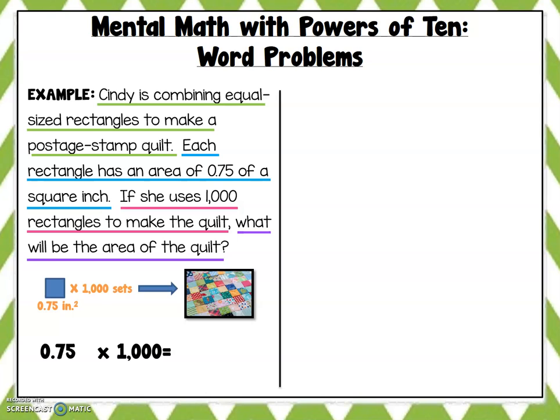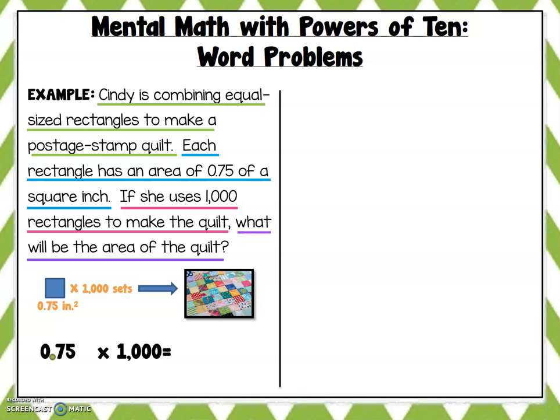So I can apply that patterns rule by counting the number of zeros in my power of 10. Since there's three zeros, what that means is I can shift my decimal point three spaces to the right because I'm getting greater.